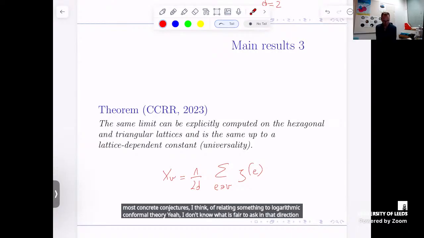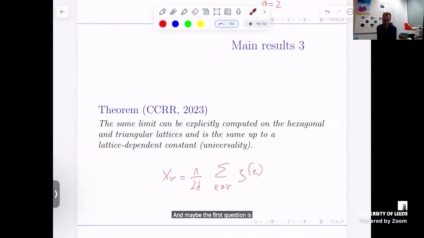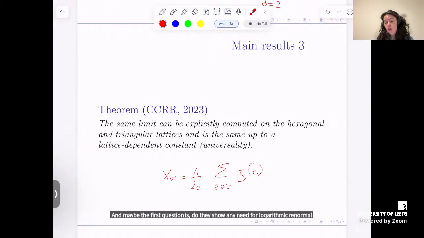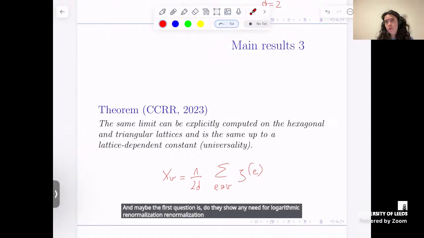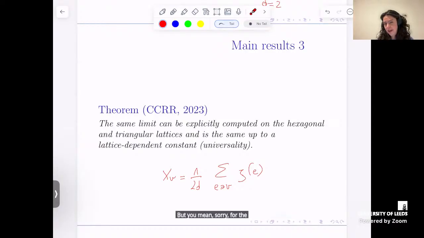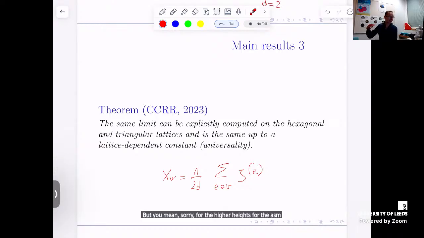Maybe the simpler question in that direction might be, for the degree higher than one field, you have results, right? And you didn't state, but presumably you could do scaling limit results as well. And maybe the first question is, do they show any need for logarithmic renormalization? But you mean, sorry, for the higher heights for the ASM? Yes, I think that's what I'm ultimately interested in.